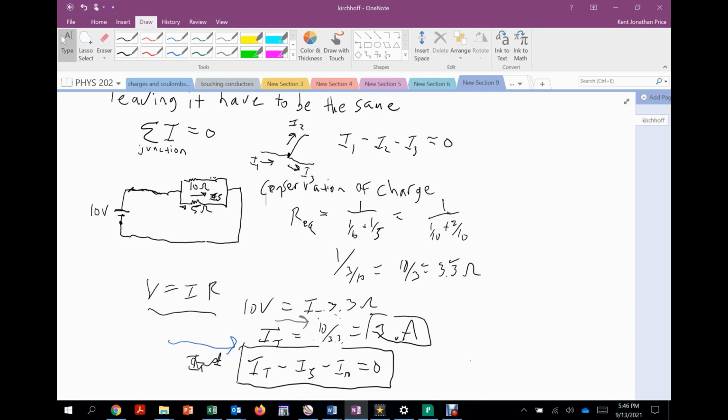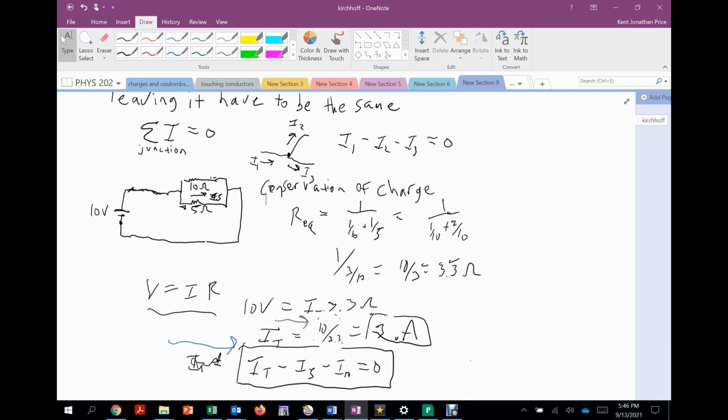Well, how much current is going through each resistor? We might notice that the 5 ohm resistor is only half as much as the 10 ohm, and since resistors resist current, the 5 ohm would get twice as much current as the 10 ohm. If I break it up into thirds and one gets twice as much as the other, then the 5 ohm gets 2 amps and the 10 ohm gets 1 amp.